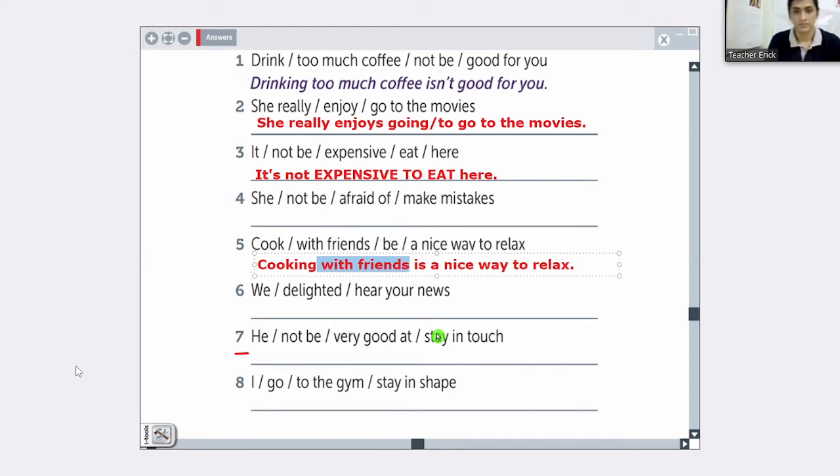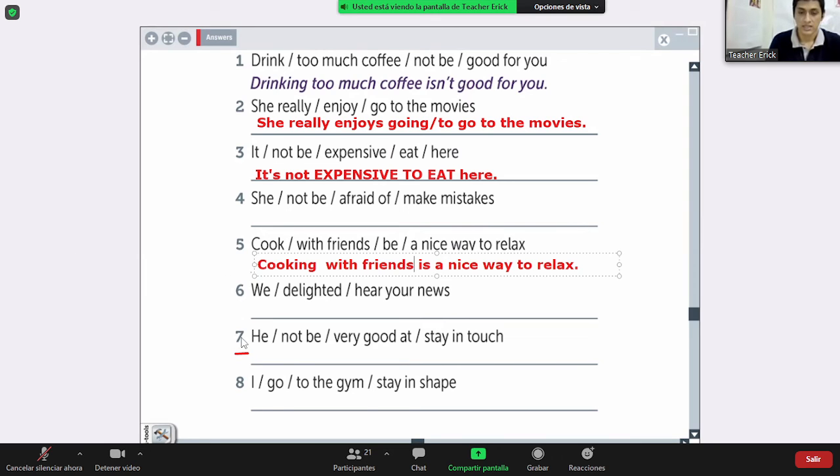Porque si decimos cooking is a nice way to relax, estamos dando una definición o una perspectiva, está bien. Si lo ponen así, también está bien, ¿ok? Es opcional. Solo estamos dando más detalle que cocinar con nuestros amigos, ¿ok? Pero no tiene nada que ver con los pronombres, ¿ok?